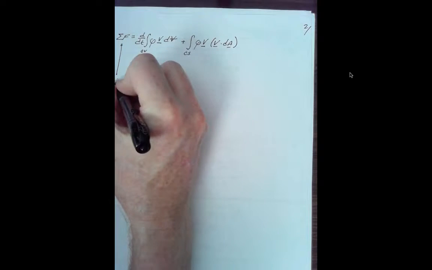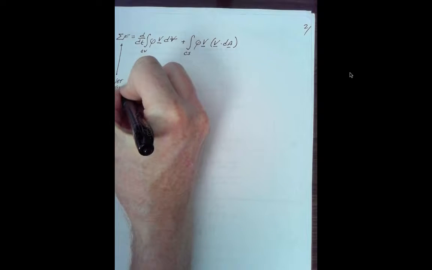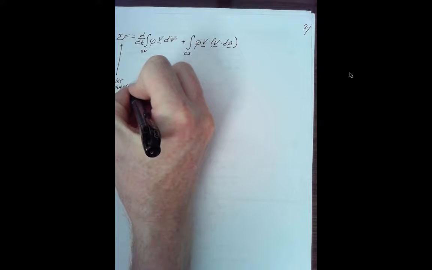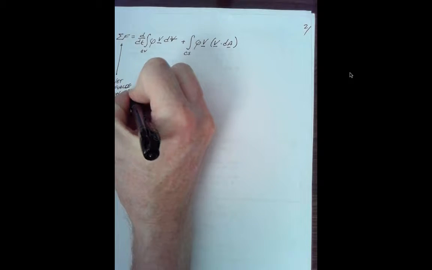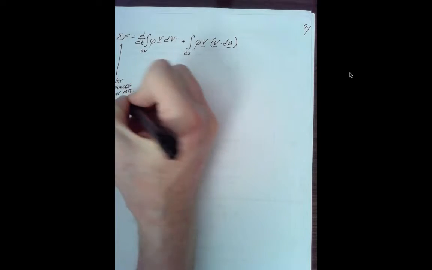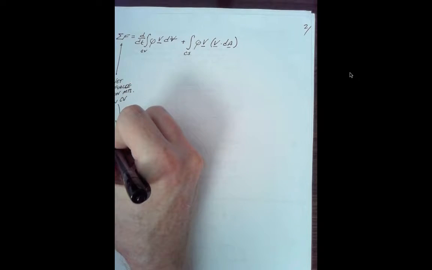So this is the net forces on the material in the control volume, body plus surface.